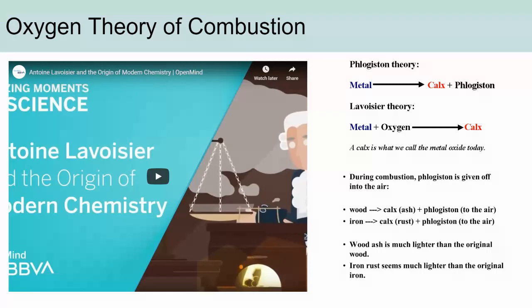So the idea that when a metal was burnt, they saw a reduction in the mass, and they thought that when it burnt, it was releasing phlogiston, and this given off into the air is what caused the mass of the object to decrease, when in fact what we now know is that the metal is actually burning with oxygen, so what we were seeing there was not actually correct, and therefore we needed a new theory to replace the phlogiston theory.